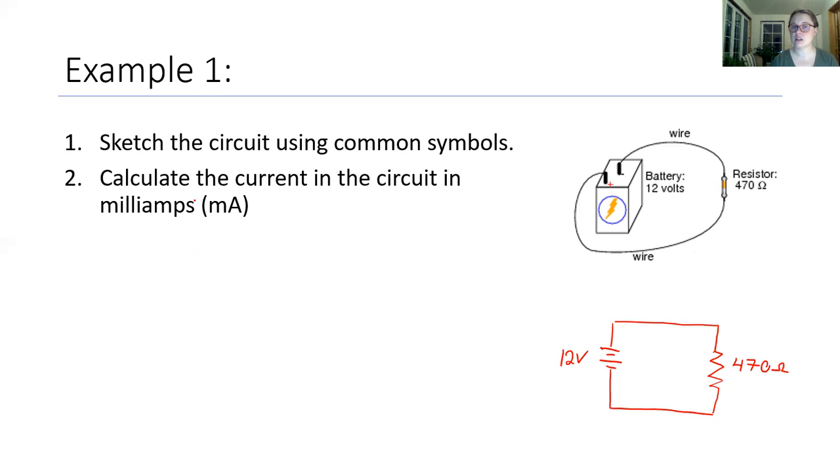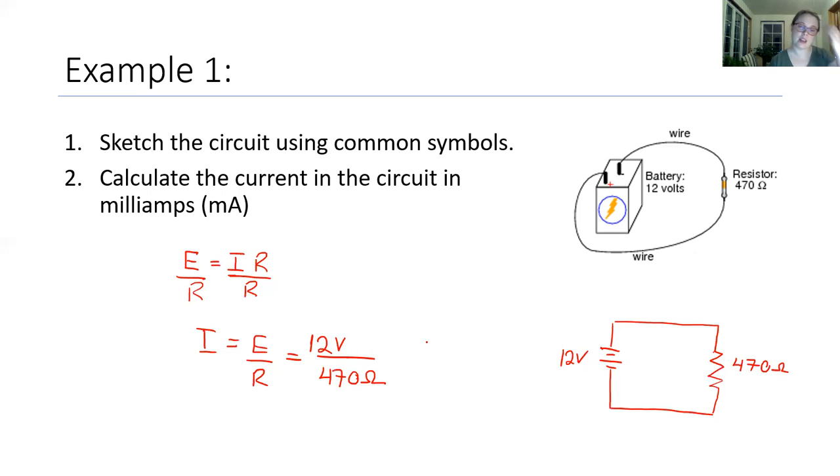So Ohm's law says that E, voltage, equals I times R. We want I by itself, so we're going to divide by R. So current is equal to voltage divided by resistance, which is equal to 12 volts divided by 470 ohms. Ohms is this little kind of weird symbol, which is equal to, now this is going to give us just amps. Remember, it only gives us base units.